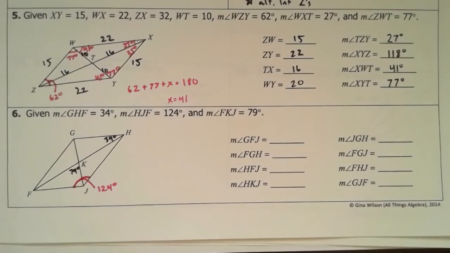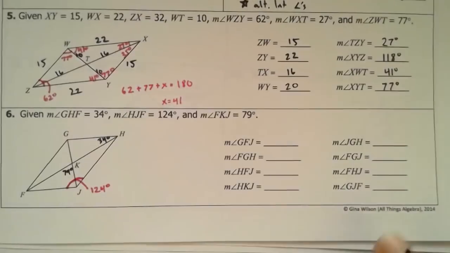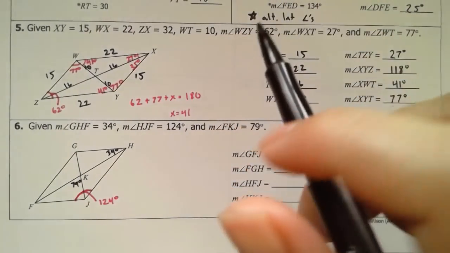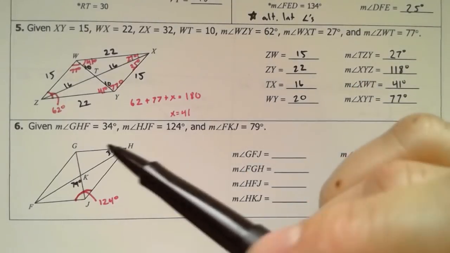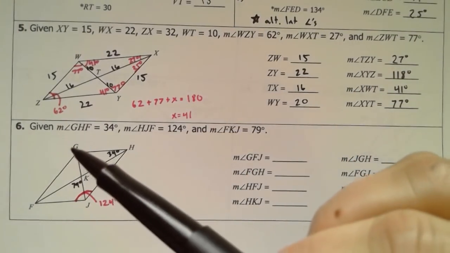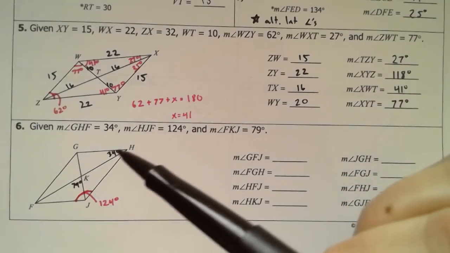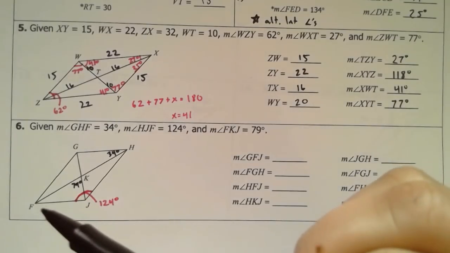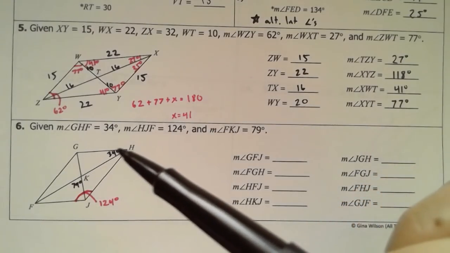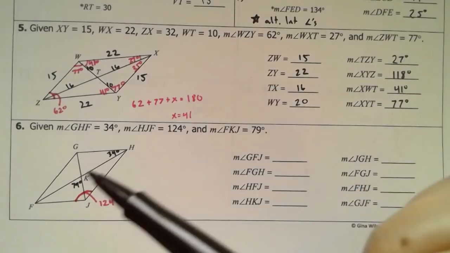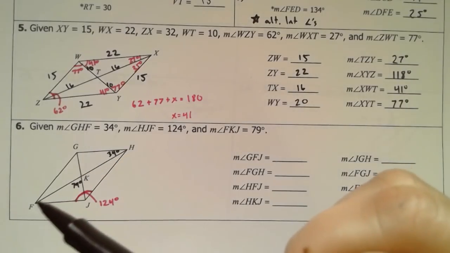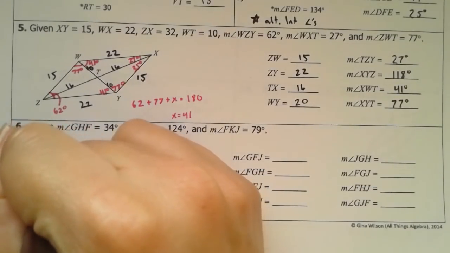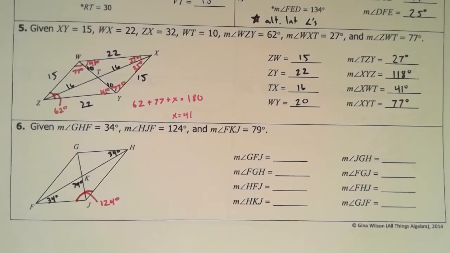So let's just go ahead and start labeling based off alternate interior angles. So if I extend this side here and this side here, this line here is my transversal, so then this angle here that I'm tracing is alternate interior to this angle here. So if this one's 34, this one here is also 34 degrees.